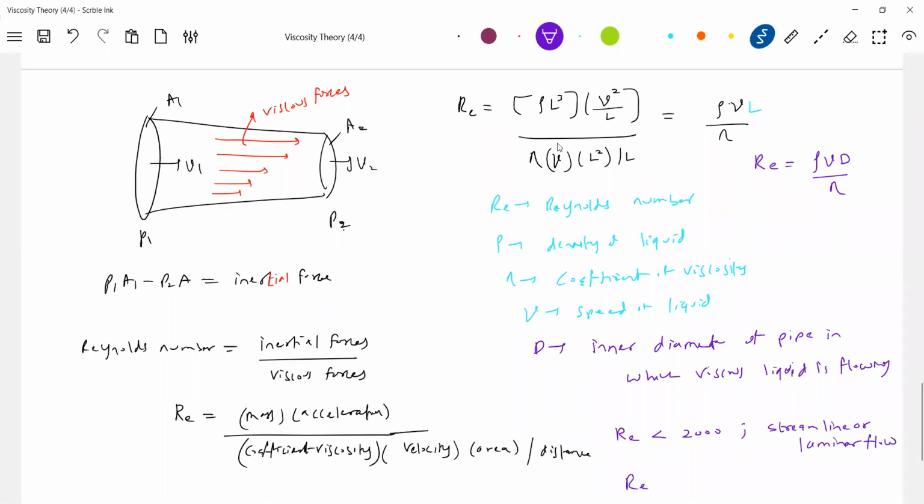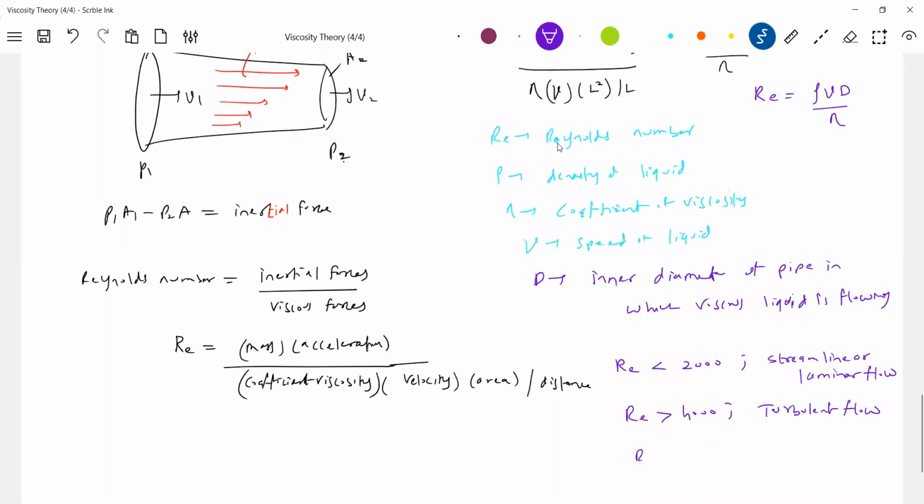If the Reynolds number is more than 4000, then it is said to be turbulent flow. And if it is between 2000 and 4000, then it is said to be unstable flow, meaning sometimes it will be streamlined, sometimes turbulent.